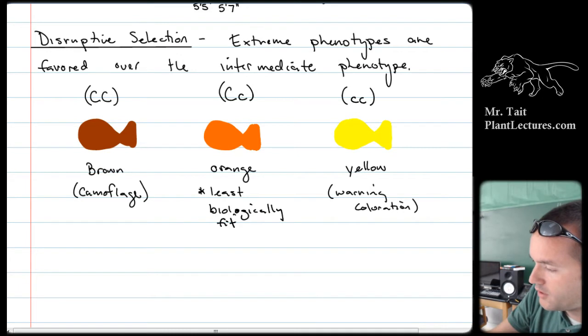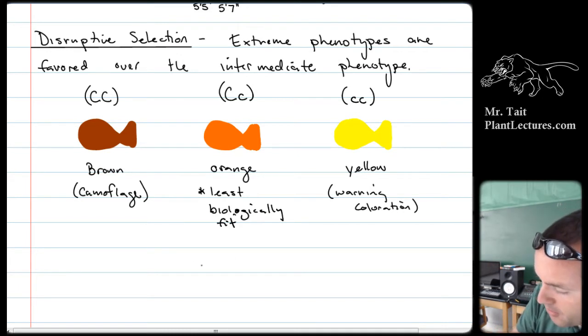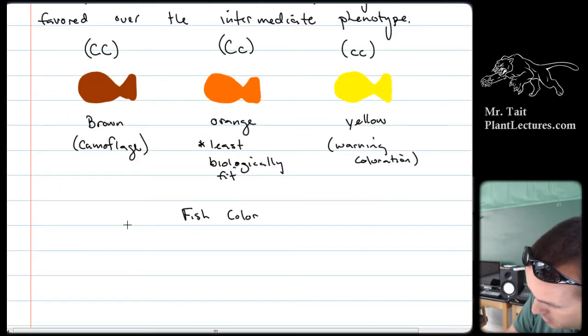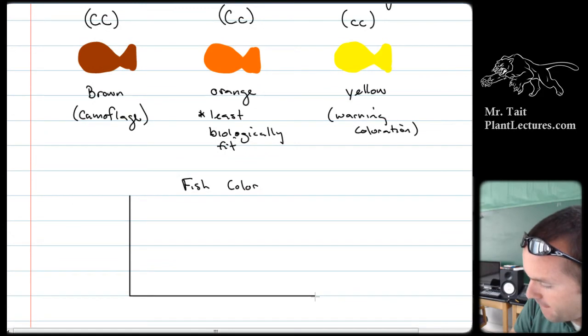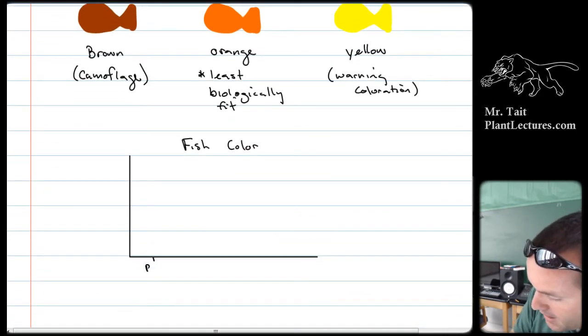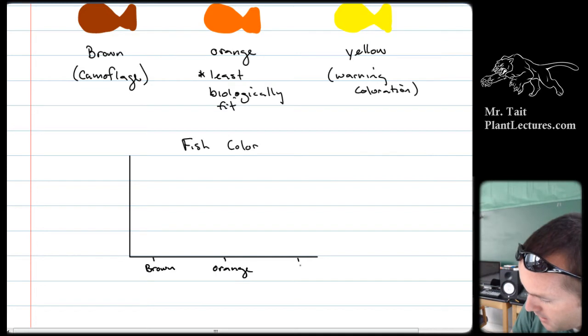Okay, so if you were going to do a population graph for fish color here, and we had brown here, we had orange in the middle, and we had yellow out here.